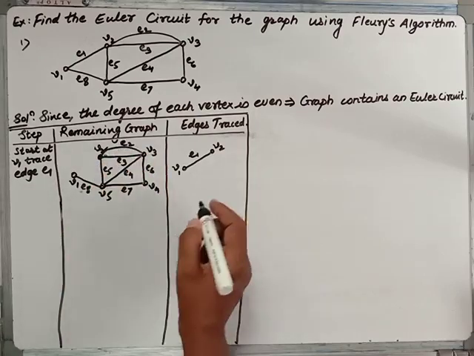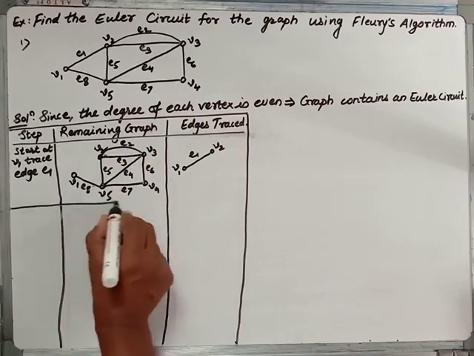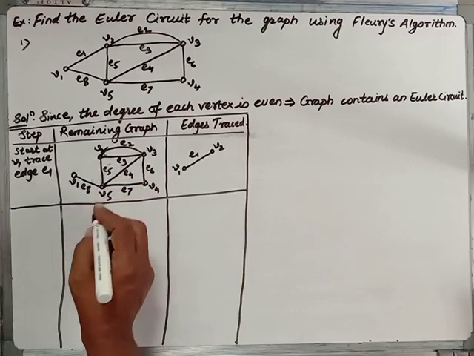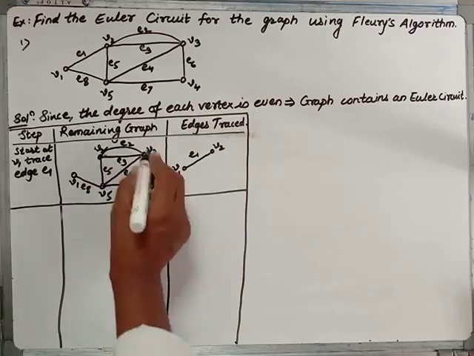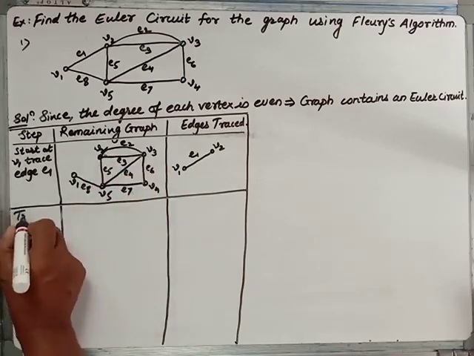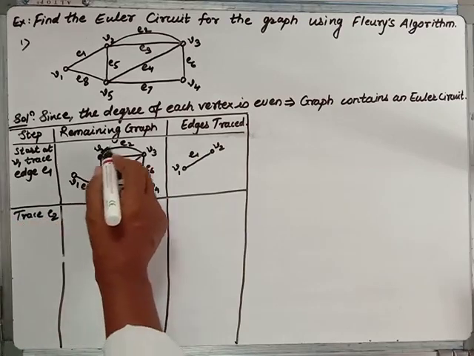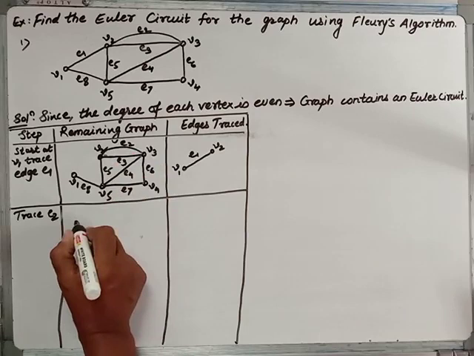Okay. Now we come at V2, so now let us trace E2. Suppose we are tracing edge E2. So what is left here?